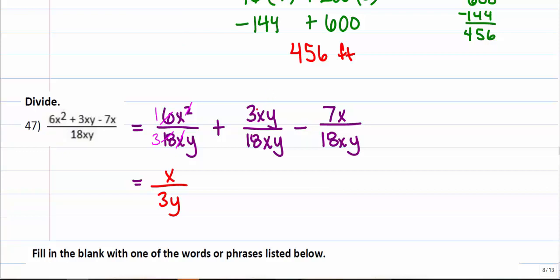On the next one, these are going to divide out. And then when I reduce 3 over 18, I get 1 over 6. So that's going to be plus 1 over 6. And on the last one, the only thing I can cancel out is my x squared. So I'm just left with minus 17 over 18y.